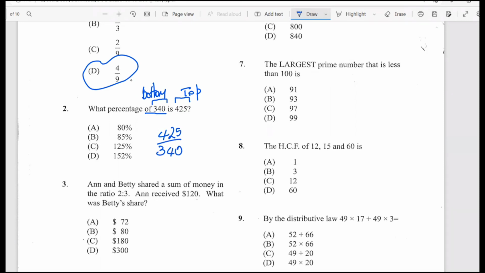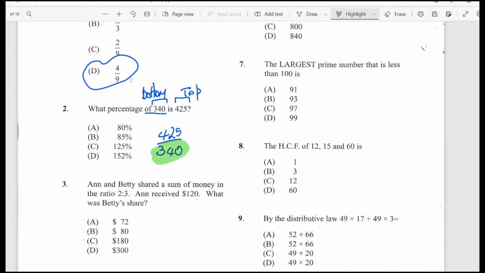So it's not about which number is bigger. It's just about the context or the narrative. Of goes at the bottom, is goes at the top. You're not using a calculator, so there are some ideas you want to employ. For example, you want to understand that 340 is 100% because it is at the bottom.